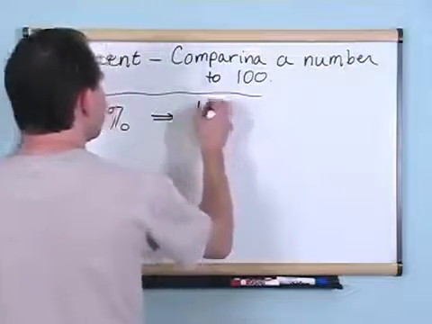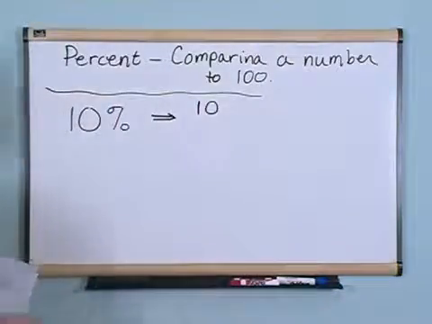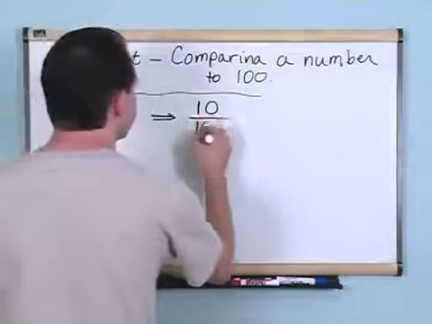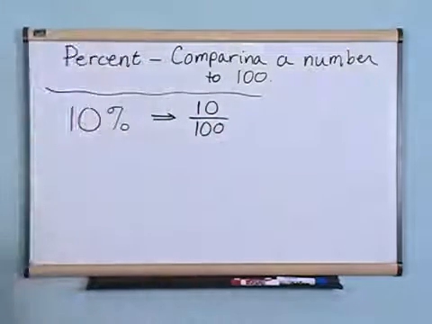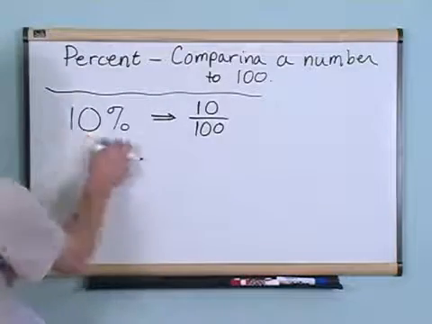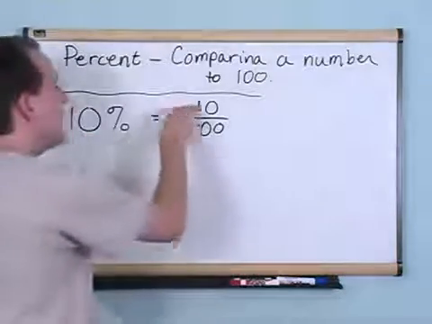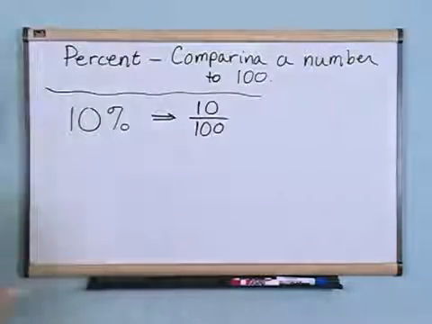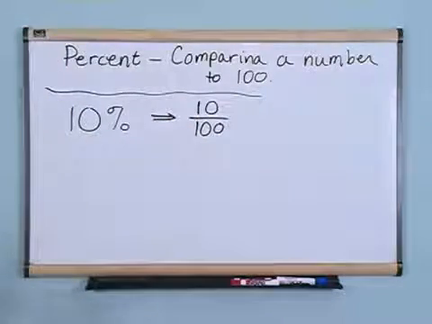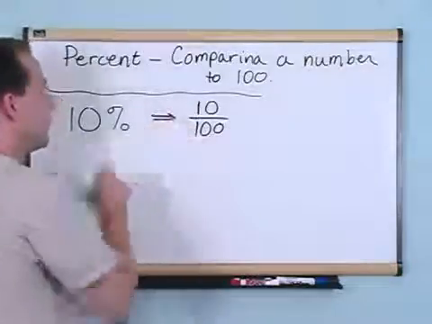I'm going to write the 10 down here, and I'm going to write 100 underneath it. So I'm writing a fraction, because anytime you have 10%, it means 10 in comparison to 100. I'm just going to write the 10 on the top and the 100 on the bottom, because those are the two numbers I'm interested in, 10 compared to 100.